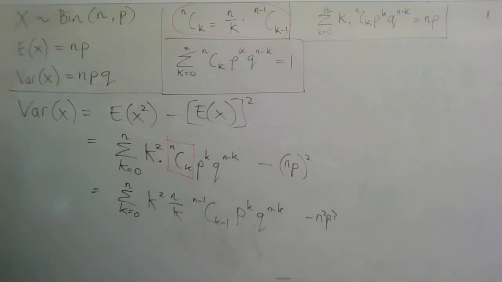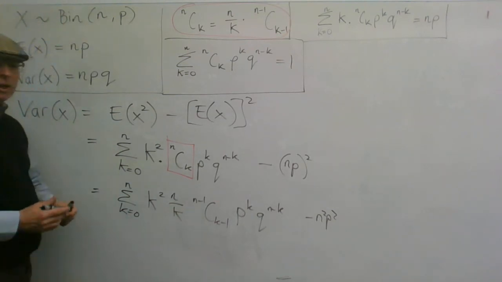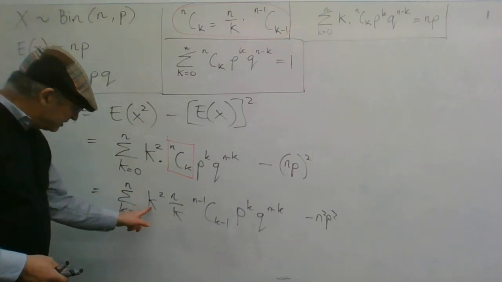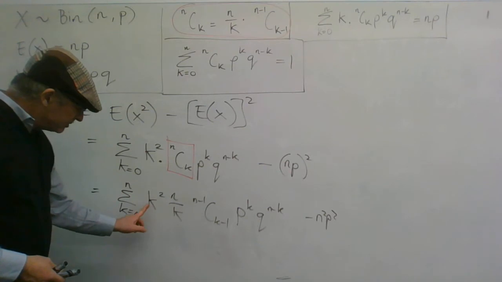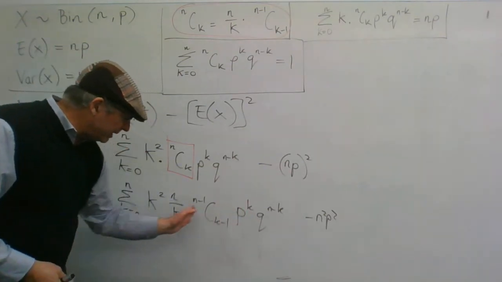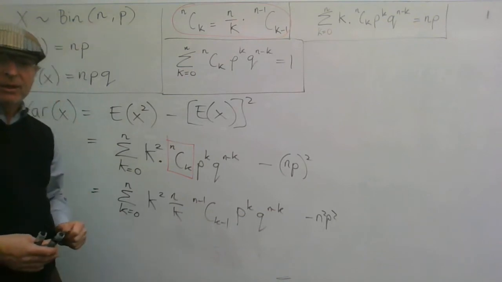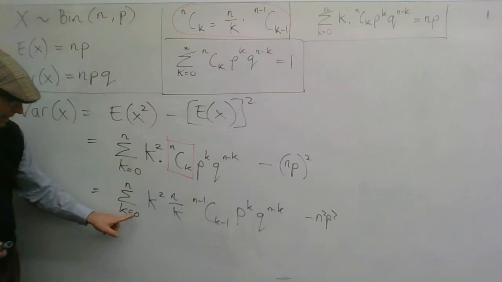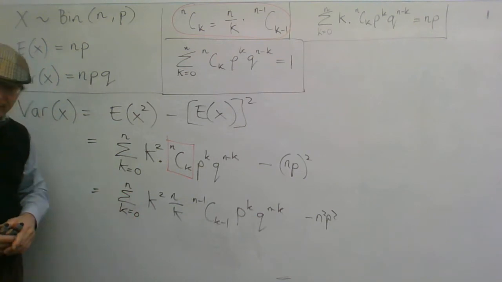I've got room for another line here. And you would recall that the first term will be 0, because if you put 0 in for k here, 0 squared is 0. So 0 times whatever that probability is will be 0. So I can actually move this and say it's from k equals 1 up to n.